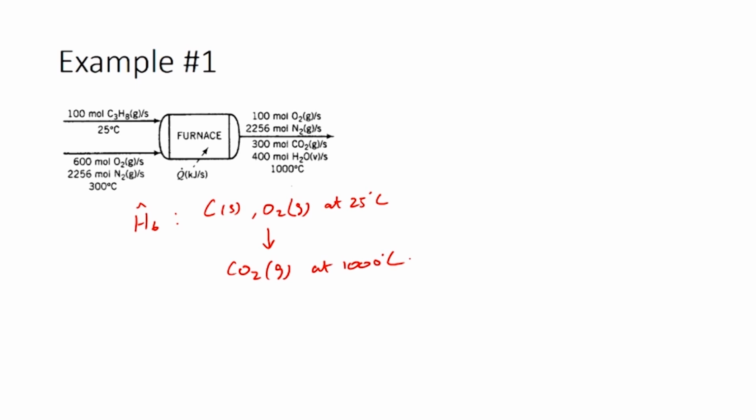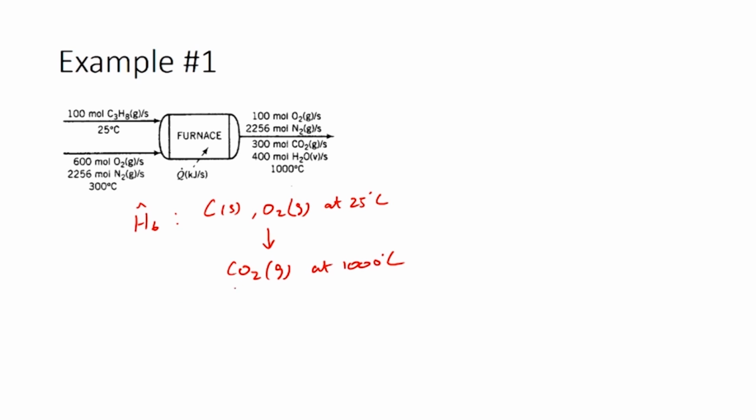So, this involves two steps, one is the formation of carbon dioxide and the other is the heating of carbon dioxide from 25 degrees Celsius to 1000 degrees Celsius. In heat of formation, the standard heat of formation can be obtained for carbon dioxide being produced from carbon solid and oxygen gas at 25 degrees Celsius.